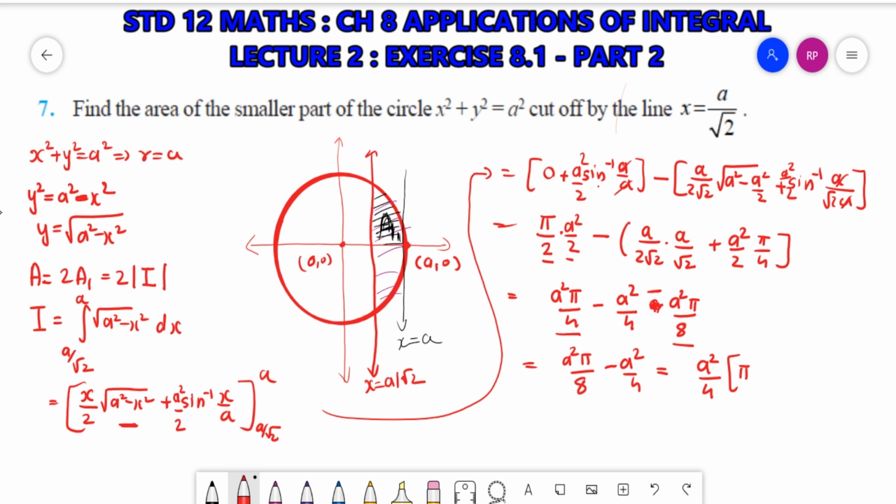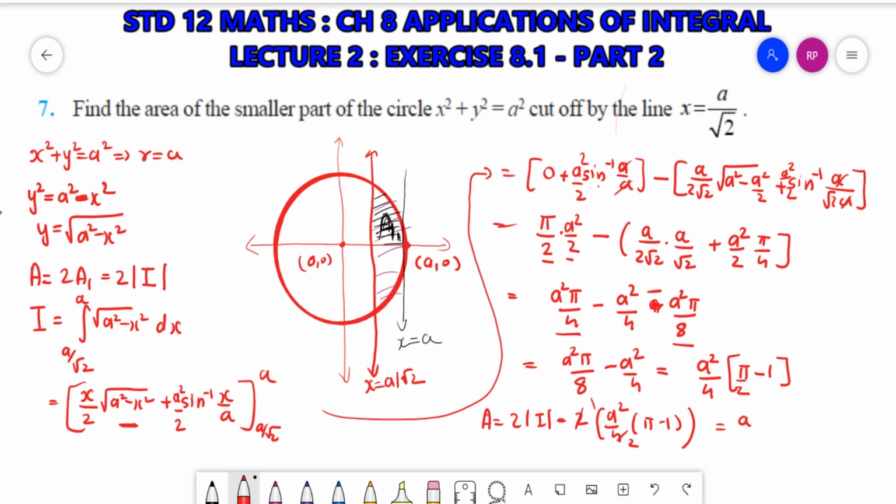Here it will be pi minus 1. Okay, clear? So area is equal to twice modulus of I. So 2 times a square by 4 pi minus 1. Sorry, there is one mistake here.